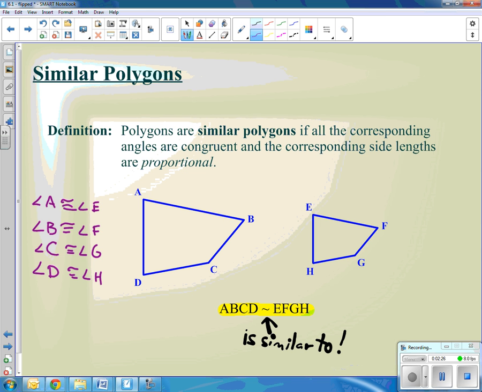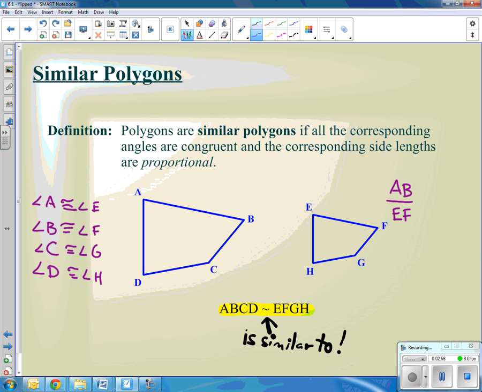Okay, so now let's talk about this idea of the sides that are corresponding being proportional. So proportion is a ratio of the sides when we have equal ratios for each pair of sides. So if I look at my pairs of sides, I know that AB and EF are corresponding. So if I set those up in a ratio, I have AB over EF.